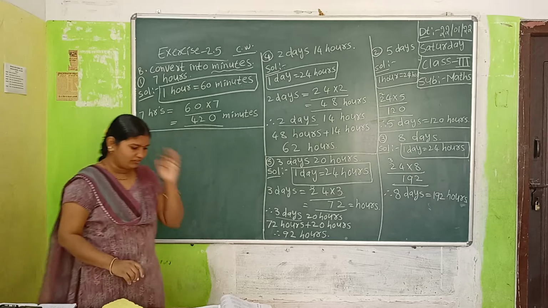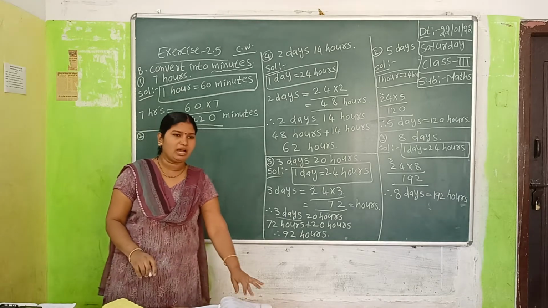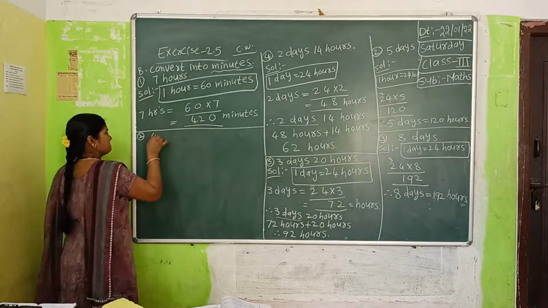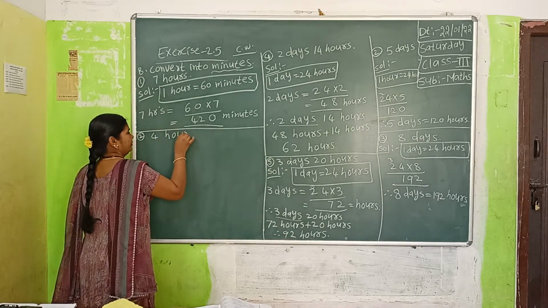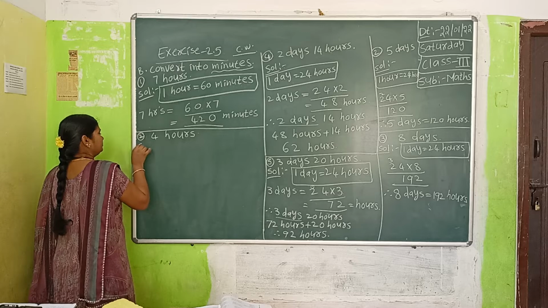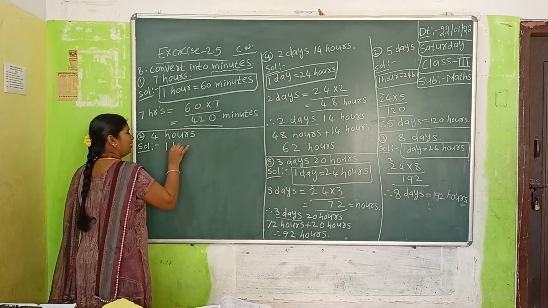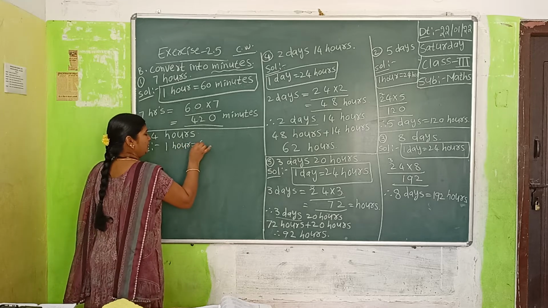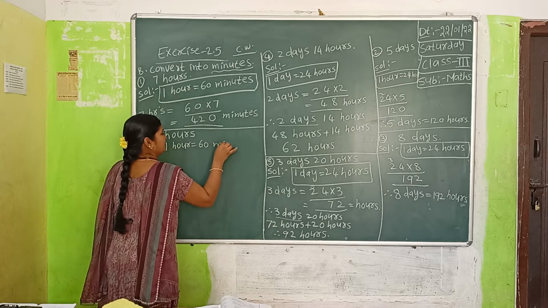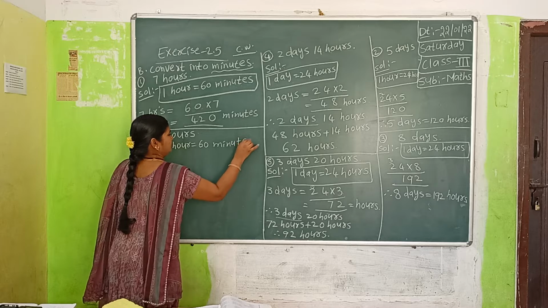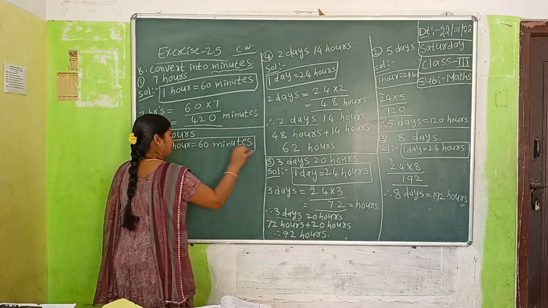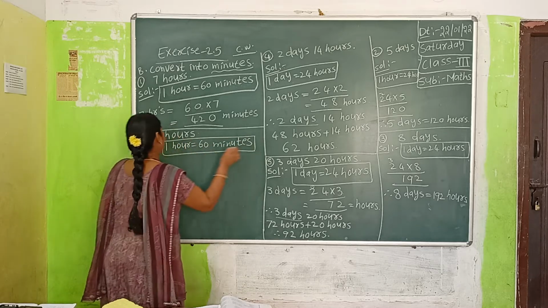Same like this, the second one is 4 hours. Here also you have to take the formula: 1 hour equals 60 minutes. Okay.